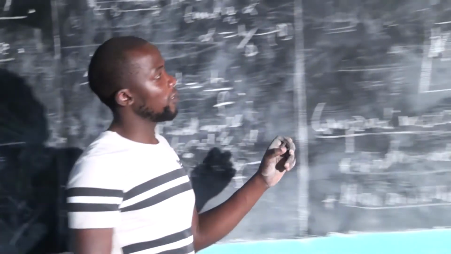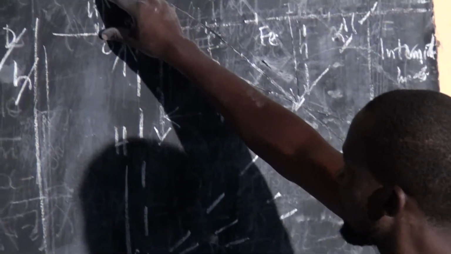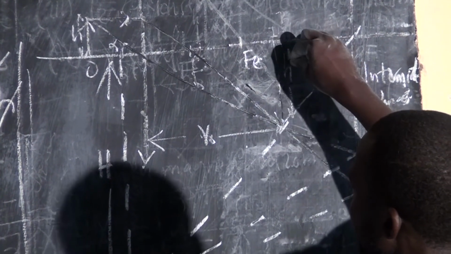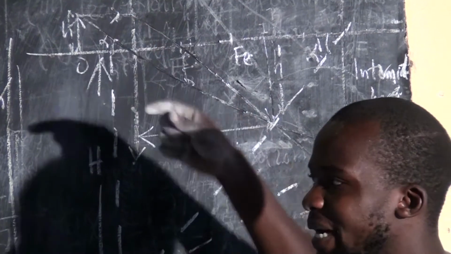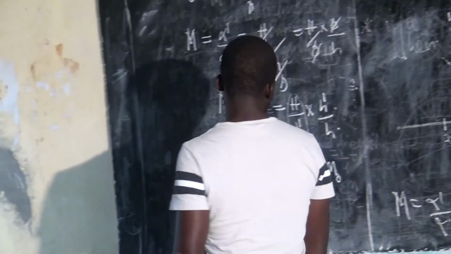Again, check the diagram and see. This is object height, image height. So h prime over h is a magnification. Those are linear magnifications of such lenses.